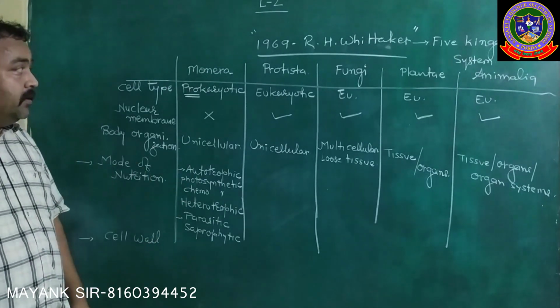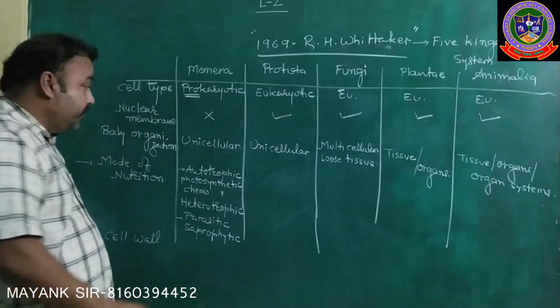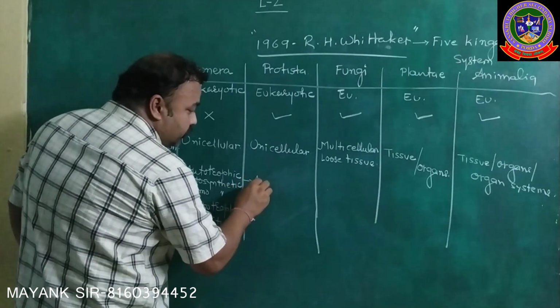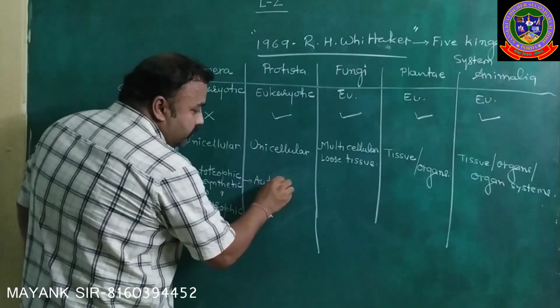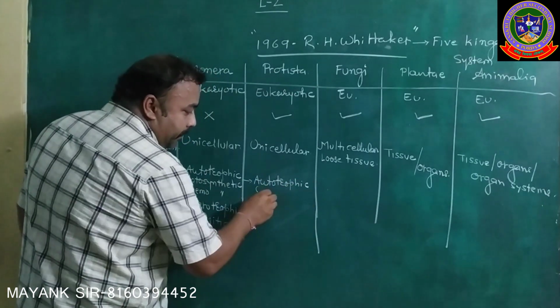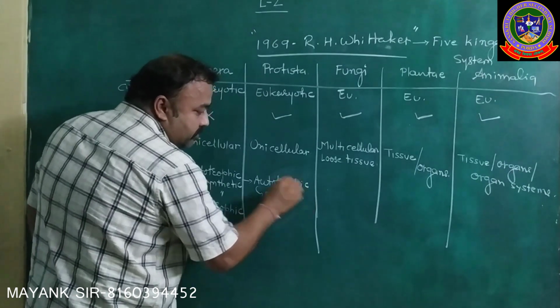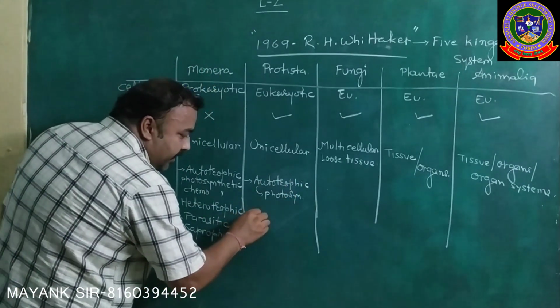In Protista, the mode of nutrition was autotrophic, but only photosynthetic, and heterotrophic.